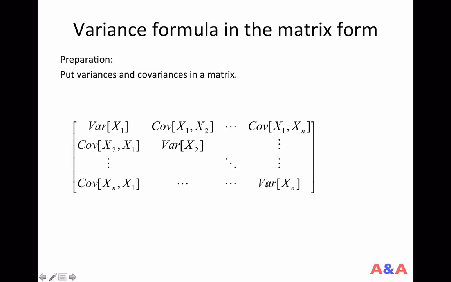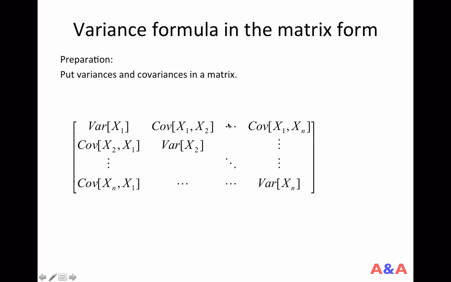The diagonal elements are variances of these random variables, variance of x1, variance of x2, variance of x3, up to variance of xn. Okay? Diagonal elements are variances, and then off-diagonal elements are covariances. The 1, 2 element is the covariance between x1 and x2. The 1, n element should be the covariance between x1 and xn.